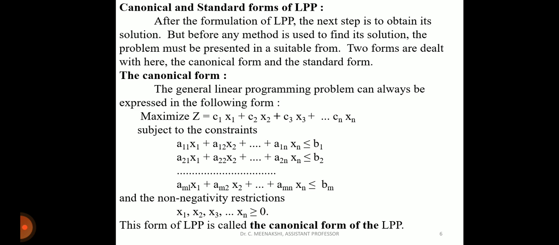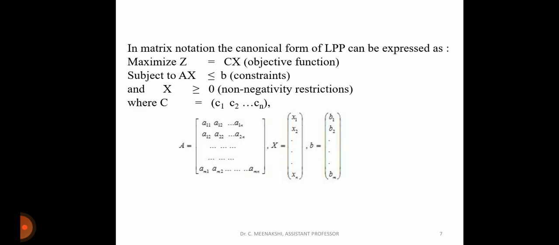All the constraints are of the less than or equal to type, not equal to or greater than or equal to type, under the non-negativity restriction x1, x2, etc., xn greater than or equal to 0. This form of LPP is called the canonical form of LPP.